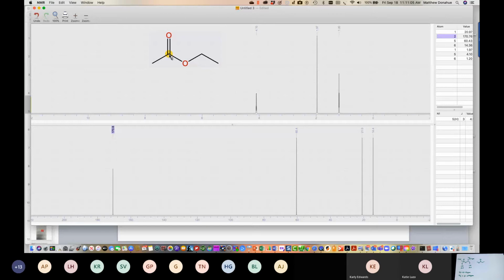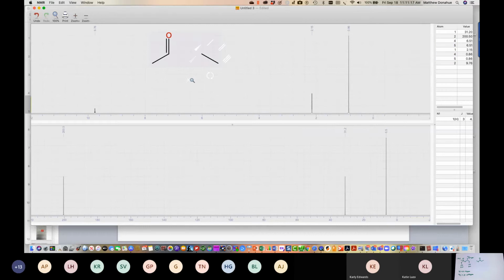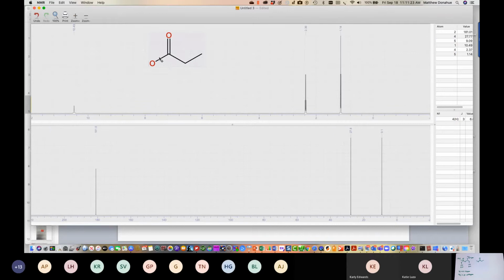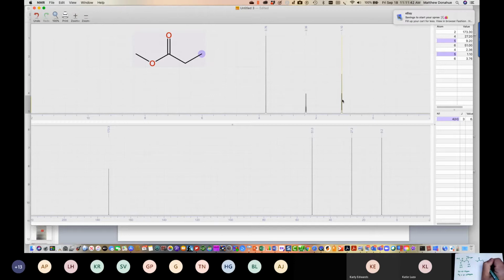So now I'm going to modify the structure as it's drawn. Draw the other one. And then we're going to go through the same exercise. Now this group here is at 1.10 parts per million.